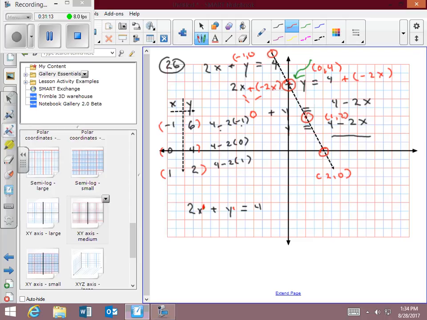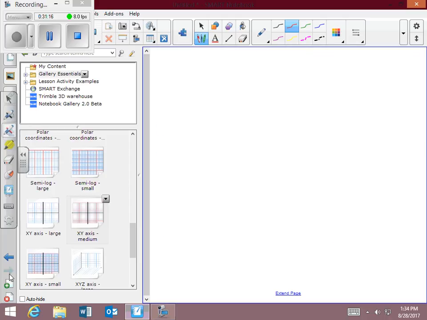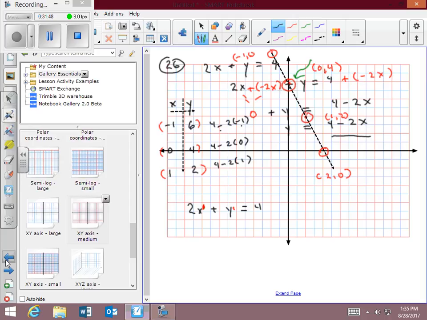Now I said there is another way to do this same problem. We have 2x plus y equals 4. What would be the second way? Okay, well, let's see, we did it this way, where we subtracted the 2x and we got y, and plotted 3 points.